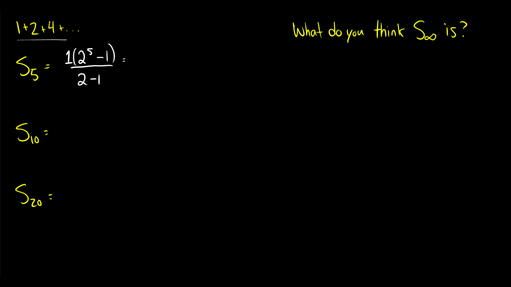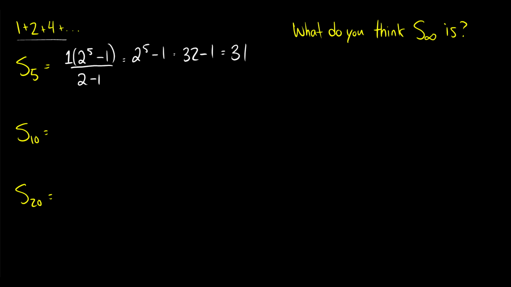So this is just going to be 2 to the 5 minus 1, which, 2 to the 5, what is 2 to the 5? If you need a calculator, you can plug that in and get that it's 32 minus 1. So s of 5 is going to be 31.